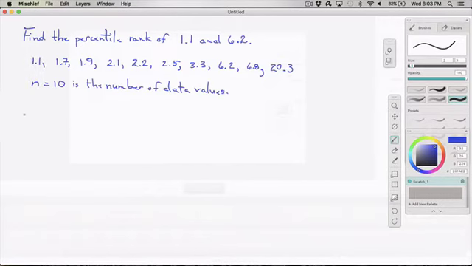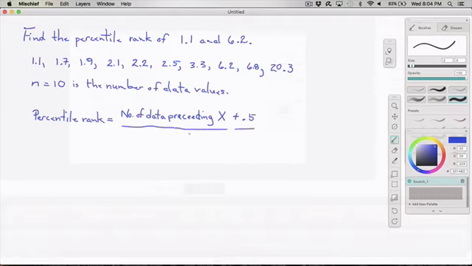Okay, to find the percentile rank, we use this formula. It looks like this: percentile rank equals the number of data preceding X plus 0.5, all divided by n.